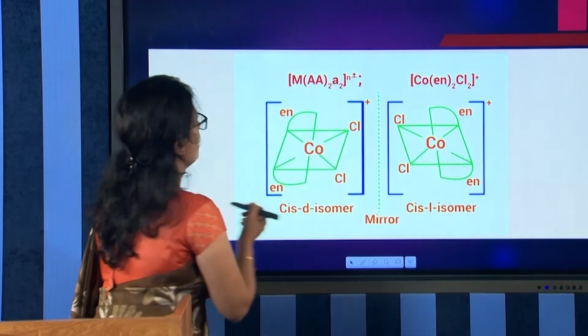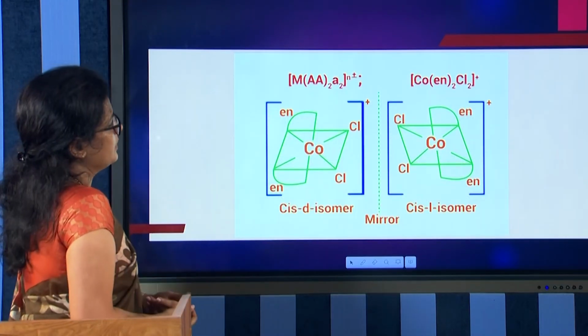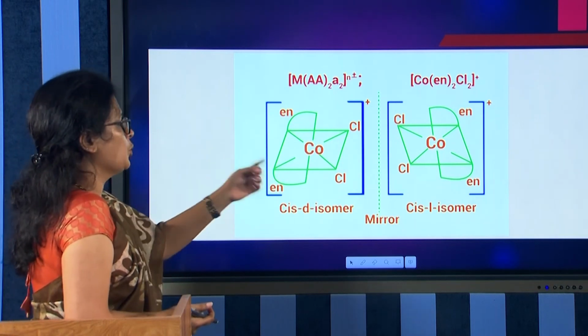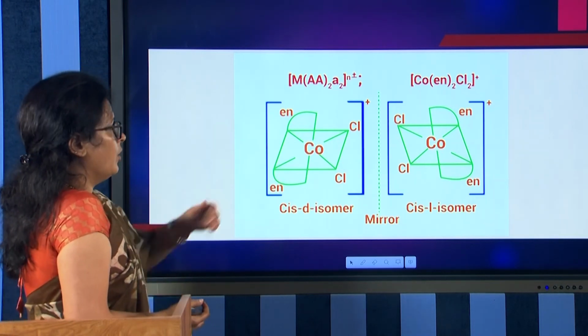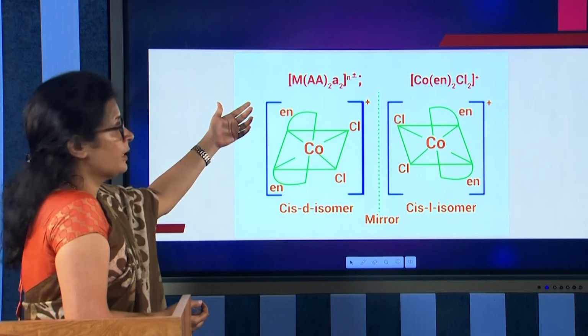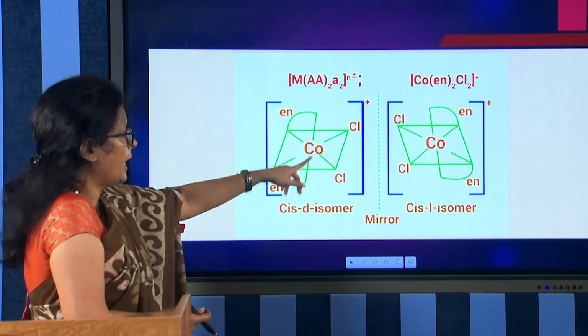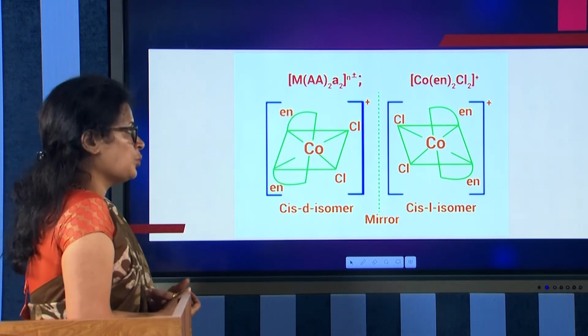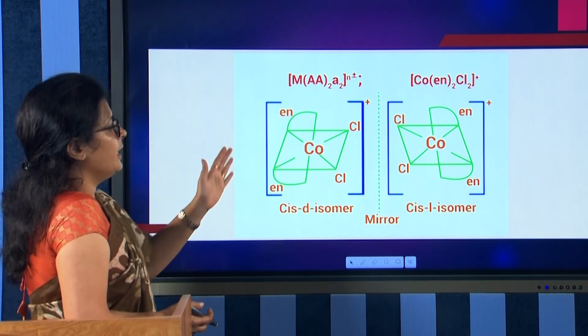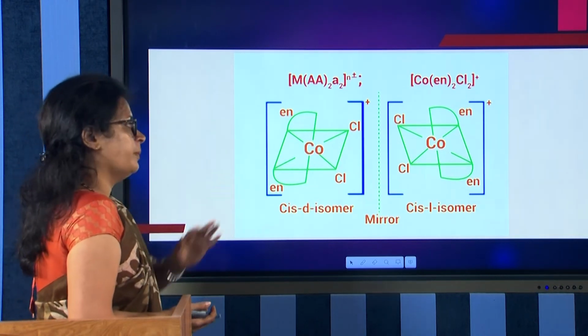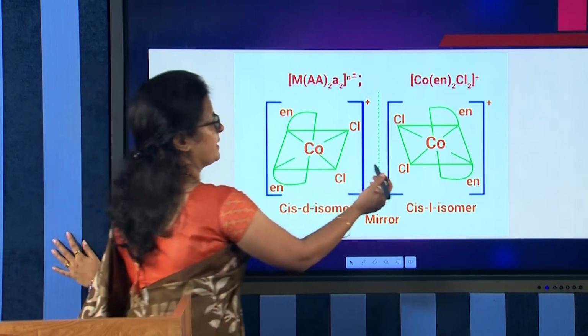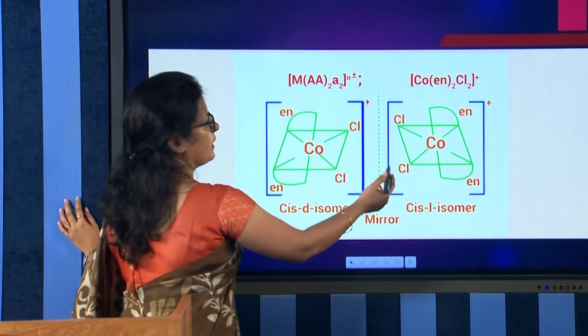And now, here is an example. See the example, Co Cl twice en twice, this belongs to the category MAA twice B2 type. And if I take a mirror image of this complex, I will get a complex like this. This is the mirror image.